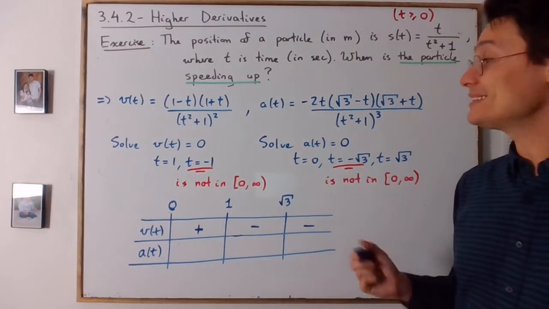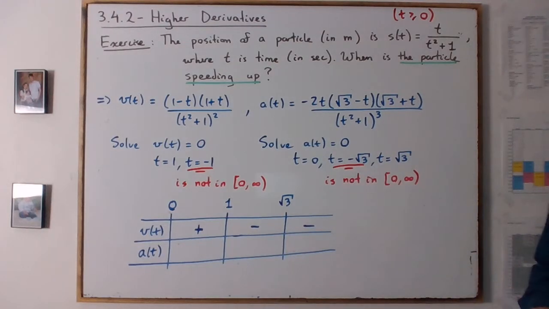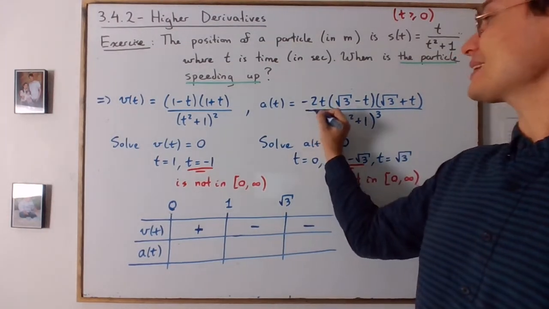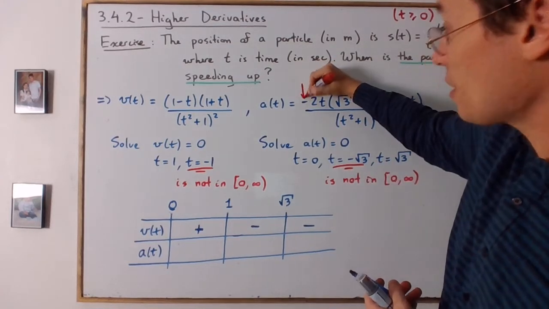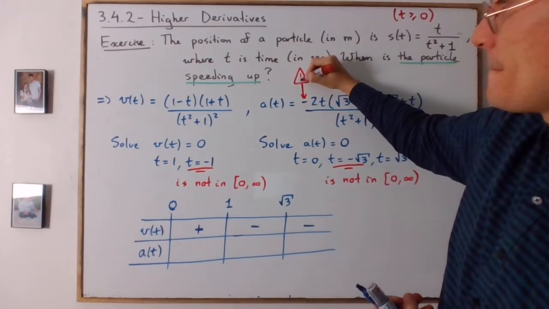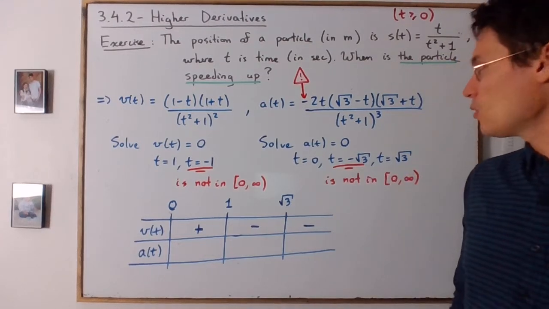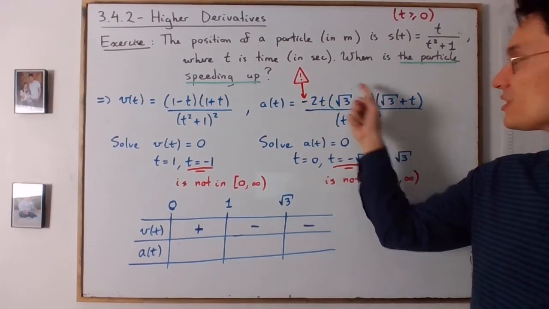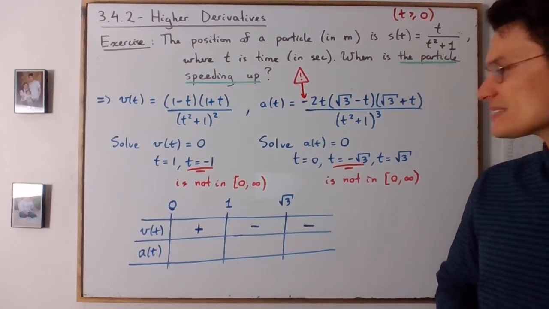We're now looking at the acceleration, and we do the exact same analysis. We just need to be slightly more careful because there's a negative sign right here, so be careful about that negative sign. One thing that you could do is actually distribute it in the factors, but let's not do that.